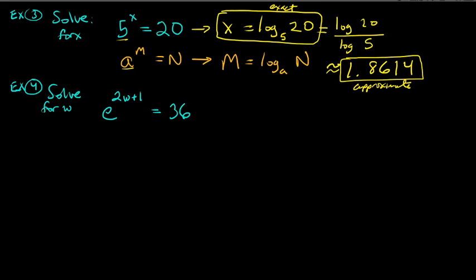And again, the way we're going to do this is to treat this as an exponential. This is a to the m equals n. So a is e. Remember what e is. It's about 2.7, it's in your calculator. m is the entire exponent. This whole thing, 2w plus 1, that's the m. And n is 36. Okay. So we know that m is just log base a of n.